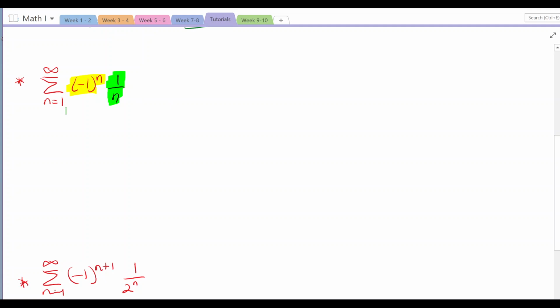In other words, 1 plus 1 over 2 plus 1 over 3 plus 1 over 4. As the series progresses, as you can see, the value decreases, and therefore a sub n is greater than a sub n plus 1, and therefore the first condition is fulfilled.